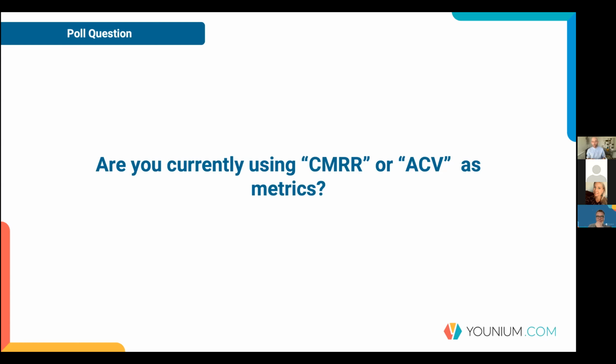Feel free to put your answer, and Eric will comment on that. Monica also shared in the chat box a really good article from Eric on subscription metrics and recurring revenue in B2B. Bookmark that one for later, and check it after the webinar. Okay, let's give a few more seconds.